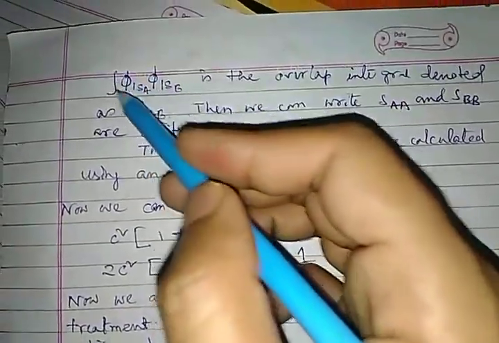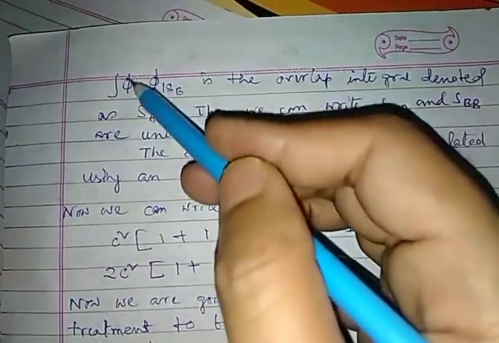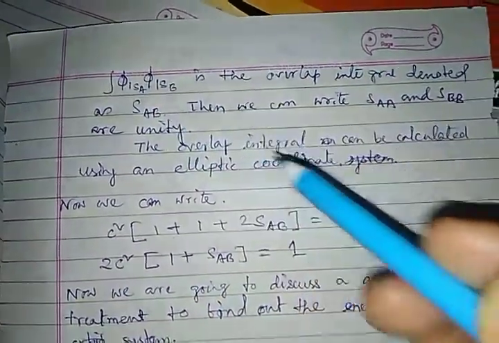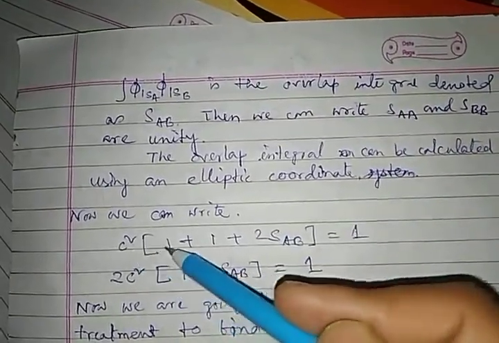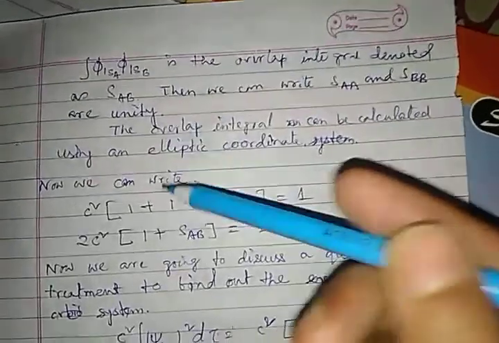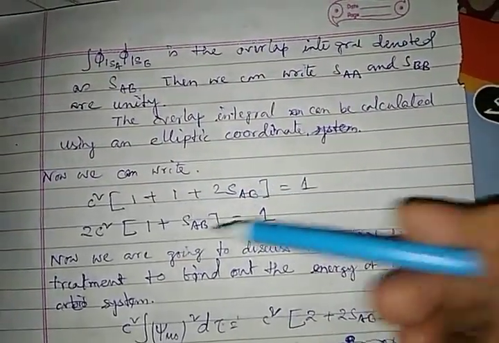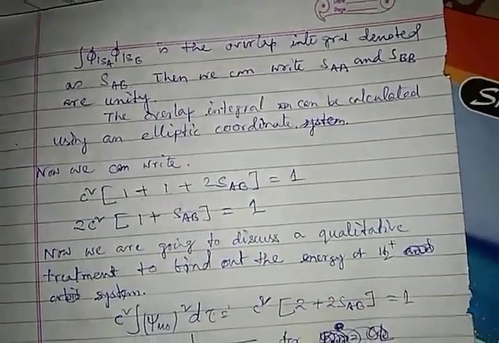So this integral is the overlap integral for A and B. Now I can write this c square into 1 plus 1 plus 2S, and it turns out to be this type of relationship.